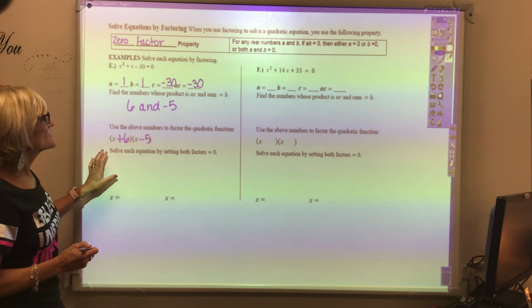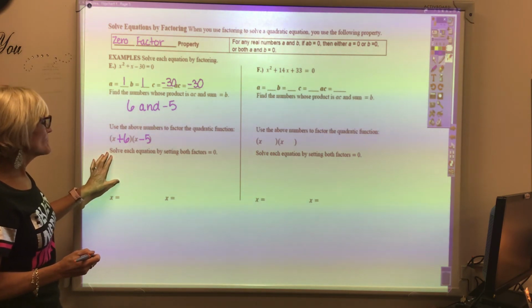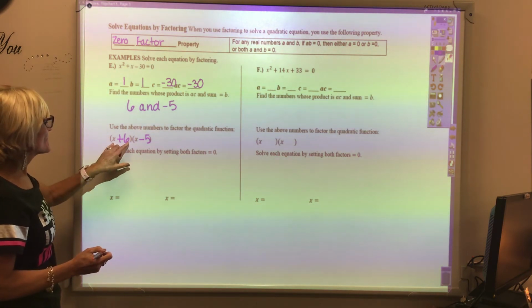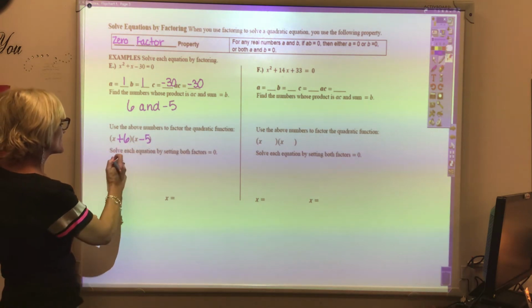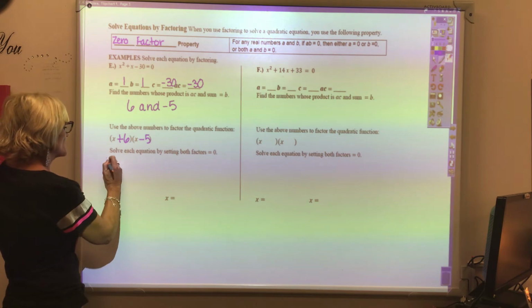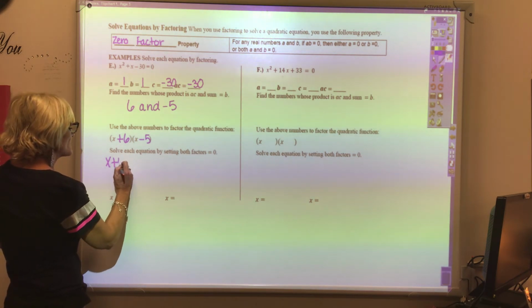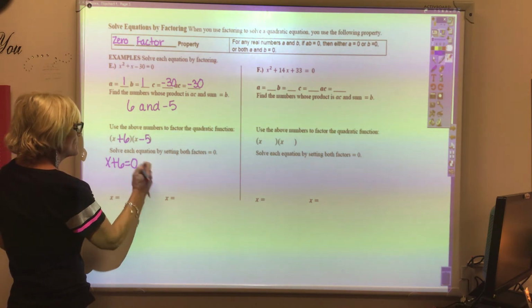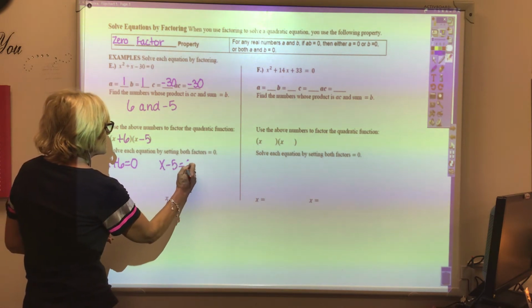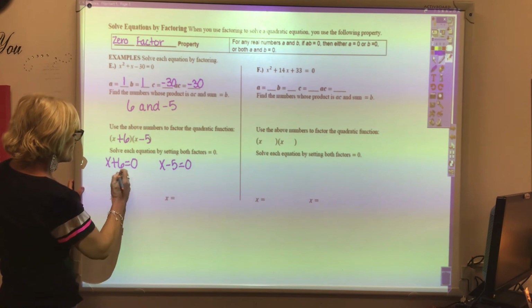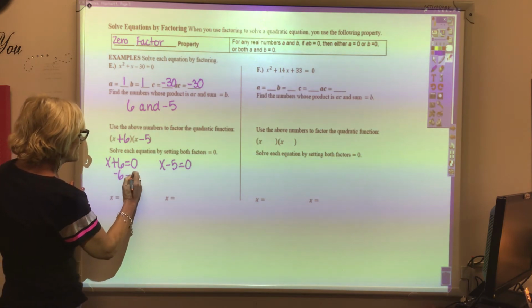Now here's where the zero factor property comes from. You set both parentheses, or parts that are in parentheses, equal to 0, and you solve for x. So we'd have x plus 6 equals 0, x minus 5 equals 0. On the first one, we'll subtract 6 from both sides.